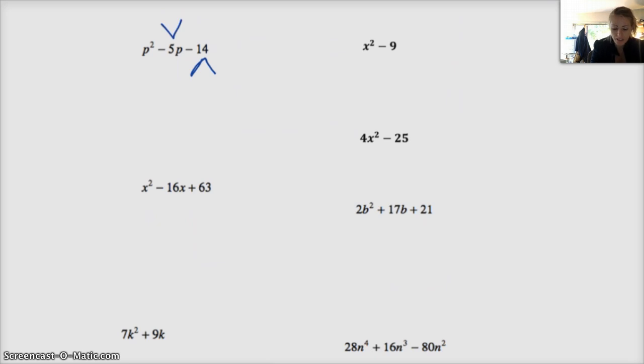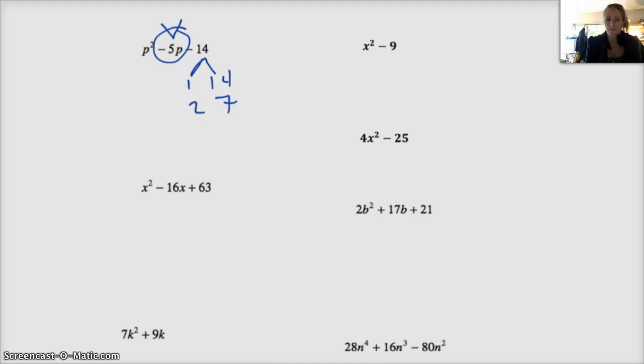And so for negative 14 you have 1 and 14, and then you have 2 and 7, and then you could have plus or minus because it's negative 14, so you need negative 1, positive 14, or positive 1, negative 14, right? So basically we need to pick which combination of those, pluses and minuses and 7s and 2s or 1s and 14s, so that when we add them together we get negative 5, okay? So hopefully you figured that out already.